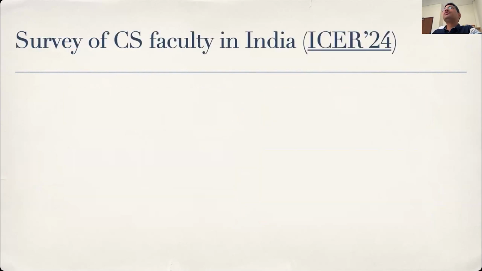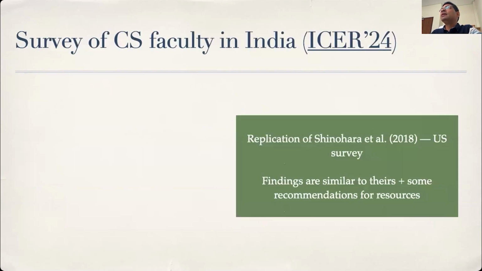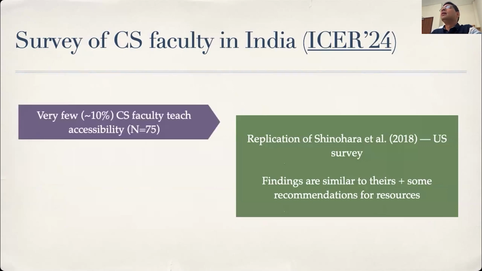In addition to that, we also replicated a 2018 study of US computer science faculty by Shinohara et al. And we found similar observations, similar results as theirs. Plus, we had added some more questions about recommendations for the India context.